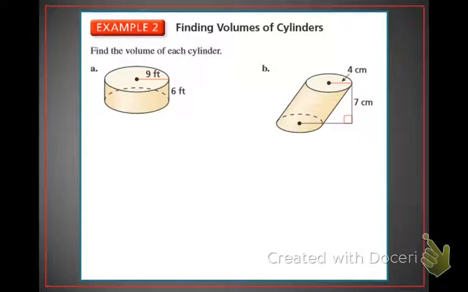You're going to take a couple lines and draw a circle identical to it. They put dotted lines to show you that it's inside of the shape. And then you draw straight lines to connect the two circles.